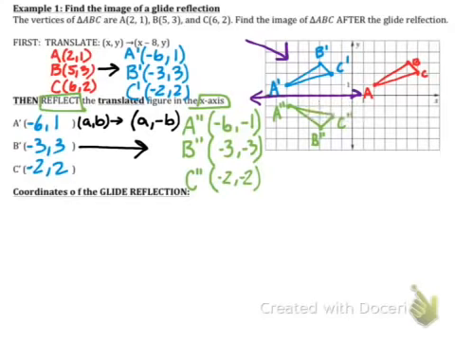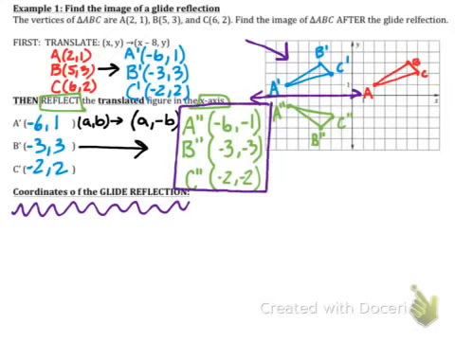And the one before that, if you look at the red triangle, the line of reflection is also parallel to its new image. So a glide reflection is what we call this composition when we have a translation and then a reflection occurring one right after the other. The coordinates of the glide reflection are what we've written down in green right here.